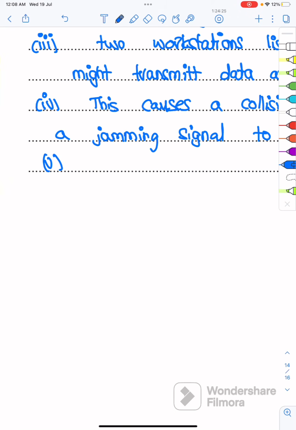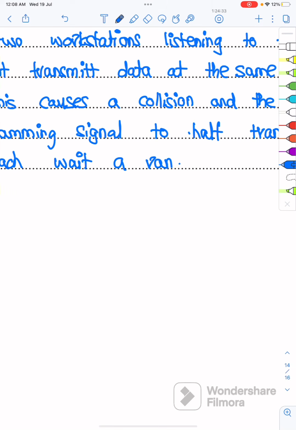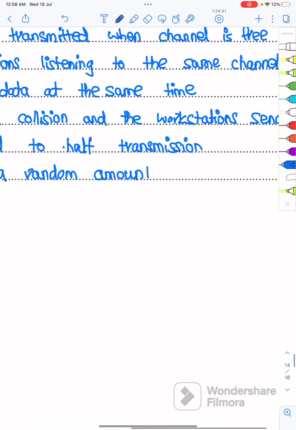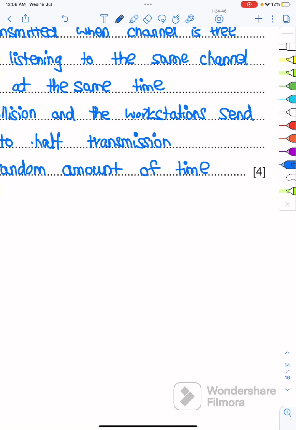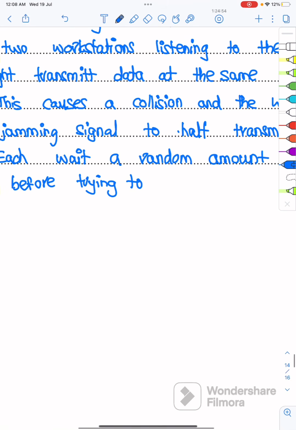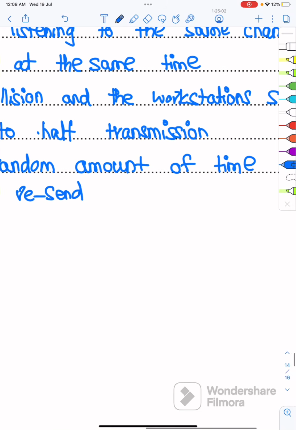Each waits a random amount of time before trying to resend. So this is basically the system used in Ethernet, to resend data.